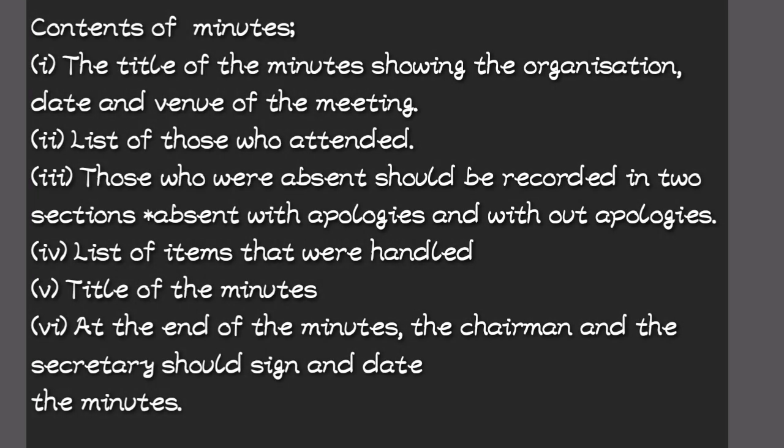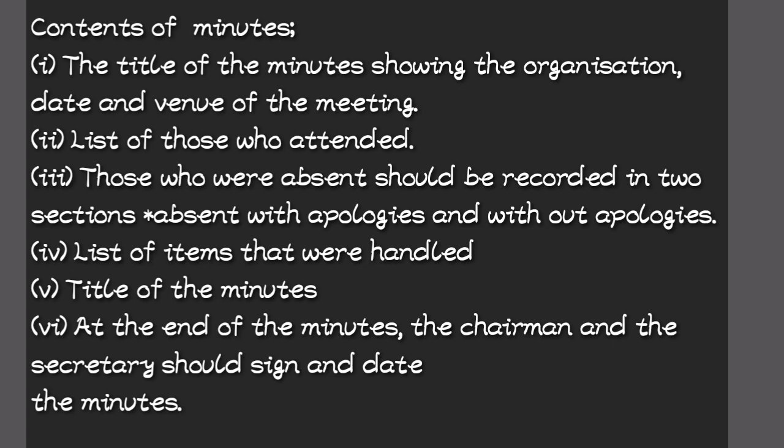Let's look at the content of minutes. First, it has the title of the minutes, showing the organization, the date, and then the venue of the meeting. Then a list of those who attended. It also shows a list of those who were absent, those who were absent with apologies, and those who were absent without apologies.